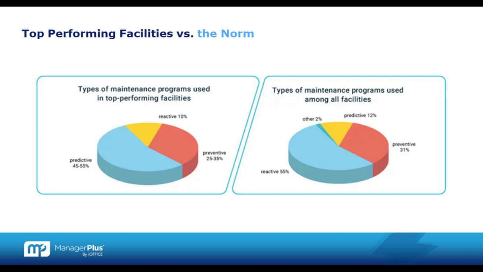What's interesting here is that, overwhelmingly, top performing facilities rely mostly on predictive and preventative maintenance processes, whereas reactive maintenance is relied on mostly by the average performing facilities. So these findings suggest that utilizing technologies that equip companies with predictive and preventative maintenance strategies has really positive outcomes on performance.